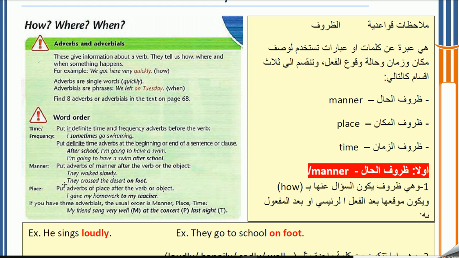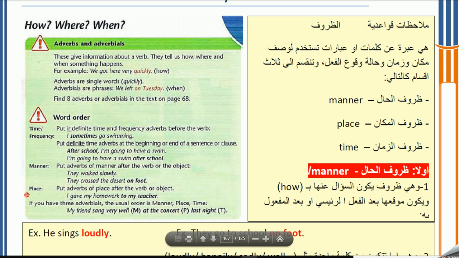So number two, another example. They crossed the desert on foot. Here the phrase on foot, adverb of manner, comes after the object, the desert. Object comes after it, on foot, adverb of manner.